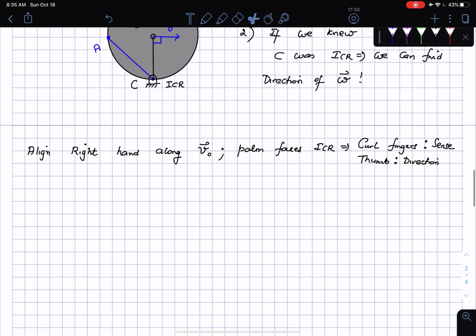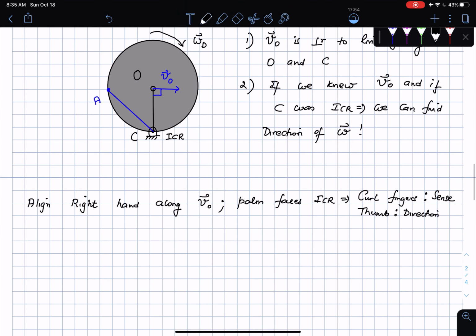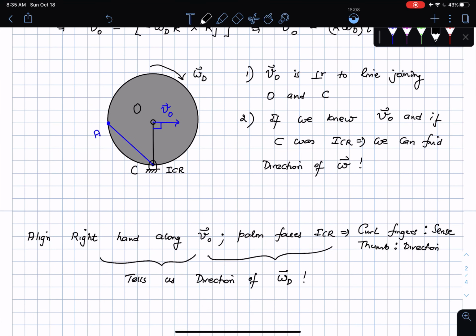Okay, so this tells me that if I do this on our particular problem, so if I do the combination of all of these things, it tells us the direction of omega of the disk, okay, which essentially tells me, okay, if I do the same thing at the point A, then I know that the velocity of A has to be pointing this way.